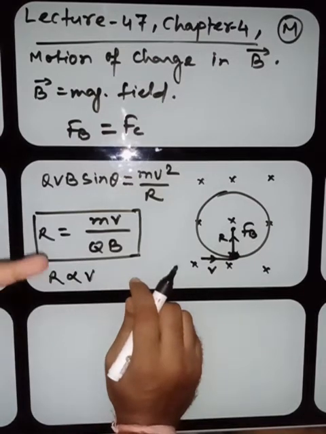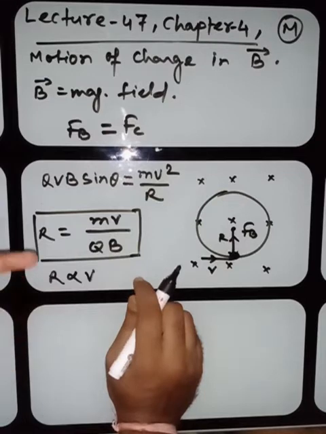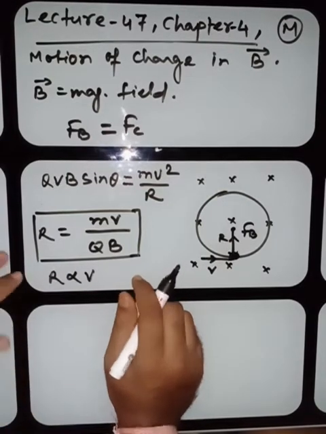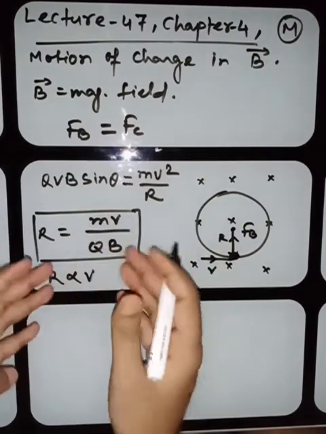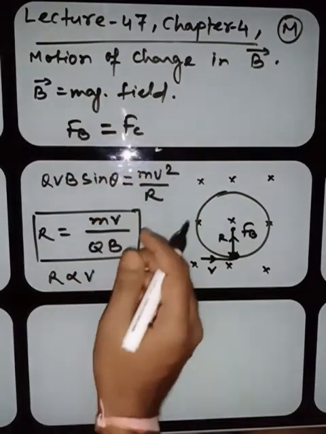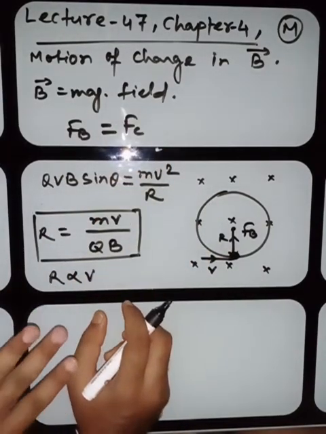If you increase the velocity, the radius will increase, or if the radius is increasing, of course the velocity is increasing. The other relations you can find out by yourself, my dear students. So, one question we are going to discuss here.